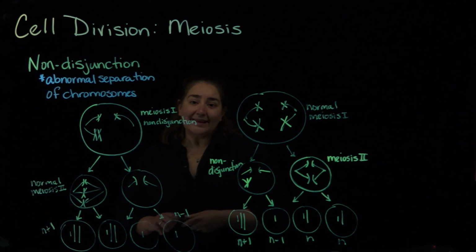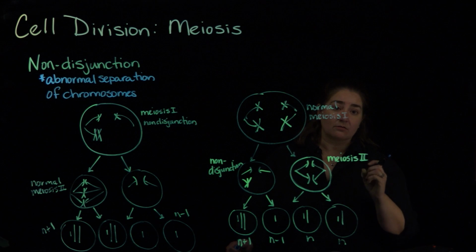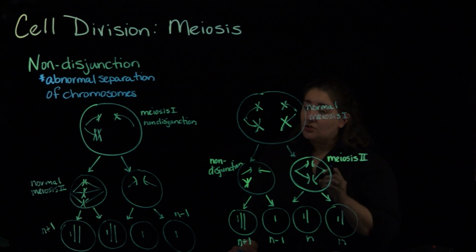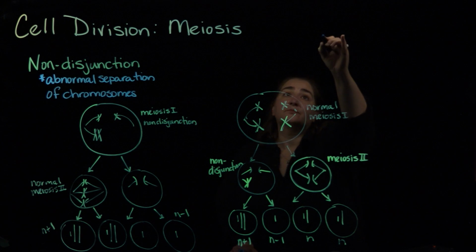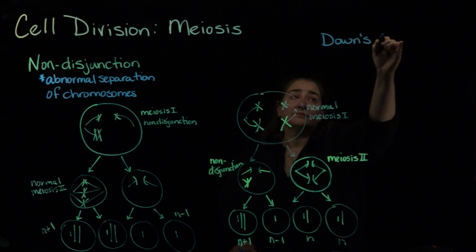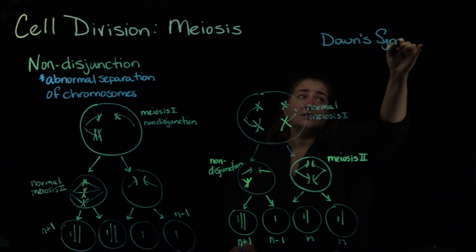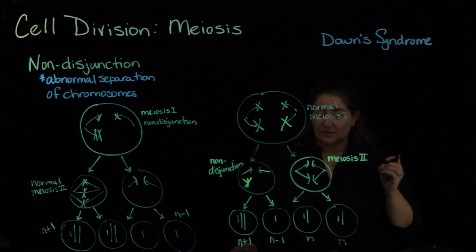Why this is important is because there are some clinical abnormalities that you'll come across that are due to errors in meiosis. The example I have in the PowerPoints is Down syndrome.